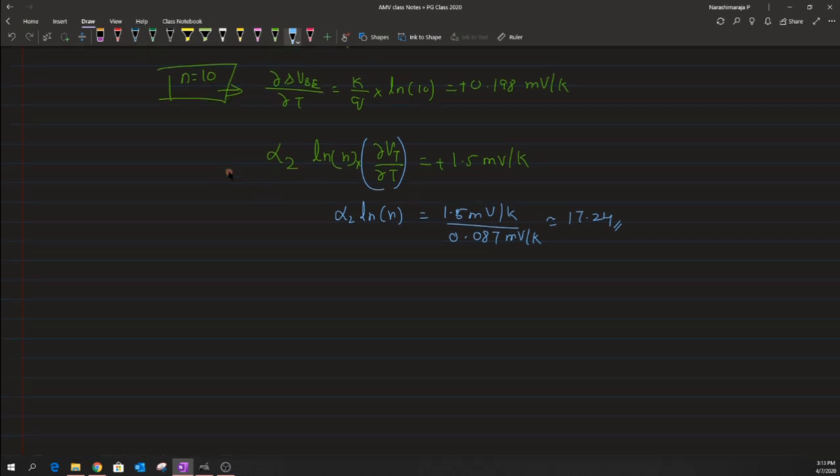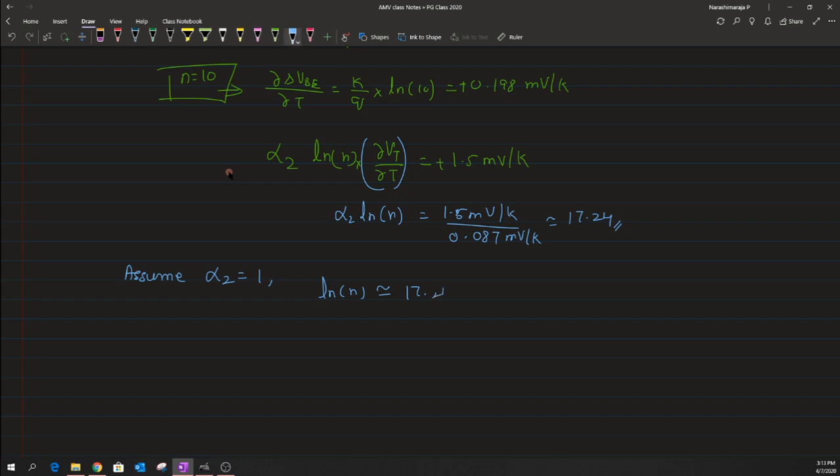Now even here one could assume that this alpha 2 can be taken as 1, and let us try to evaluate this quantity. So under this assumption, when alpha 2 is also considered as a value of 1, then this ln of n is supposed to be approximately equal to 17.24.